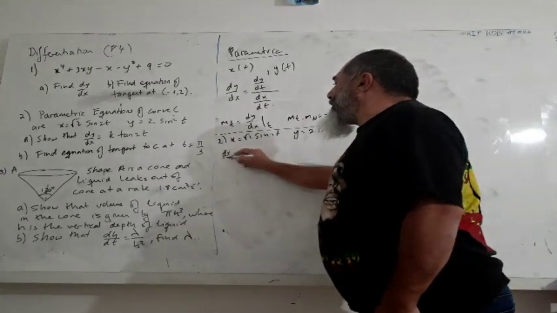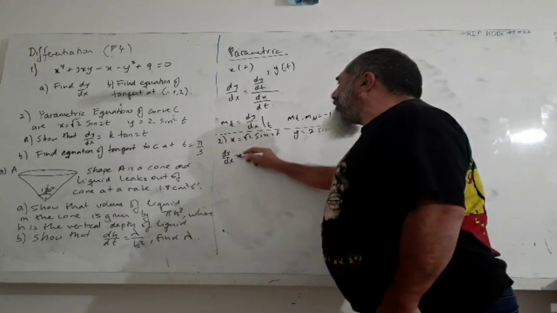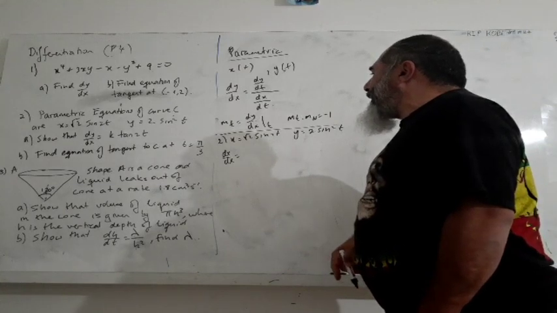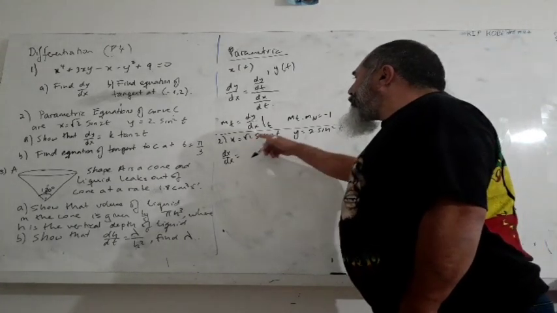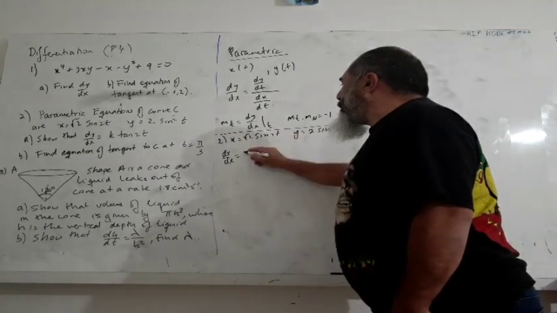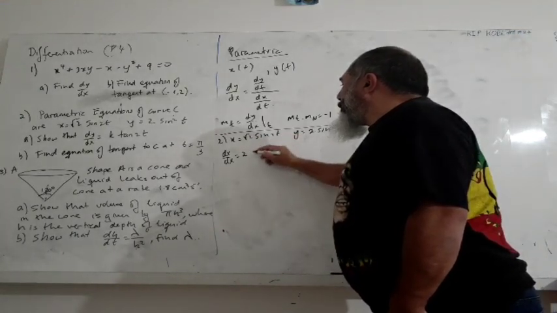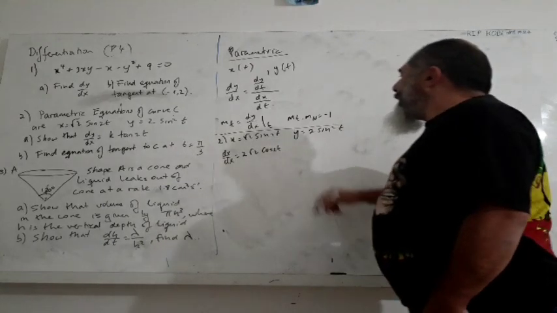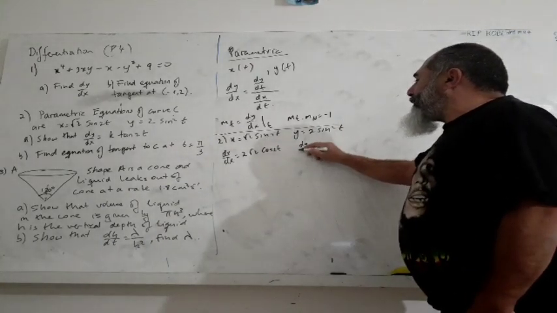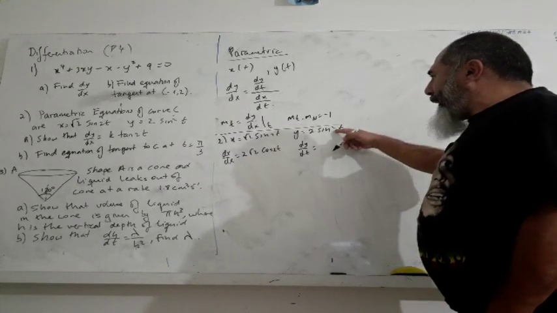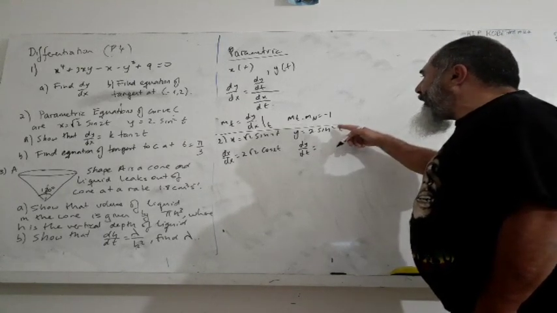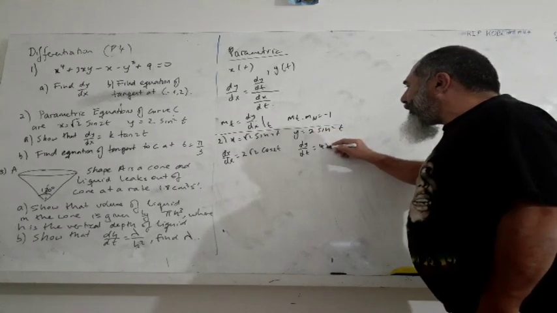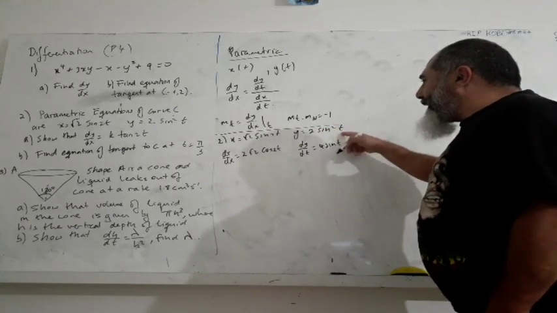Root 2 sine 2t: the derivative of sine is cos, so the derivative is going to be 2 root 2 cos 2t. Let's find the derivative dy over dt. We have a square there, so it is going to be 2 times 2, 4 sine t, times the derivative of sine, which is cos t.